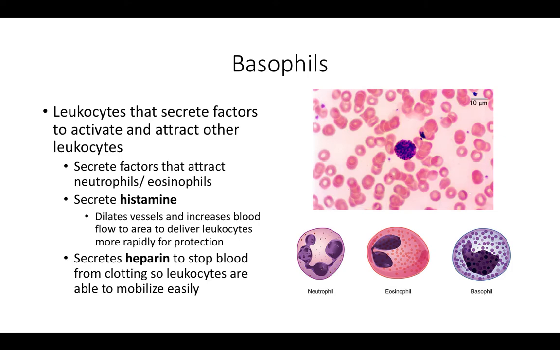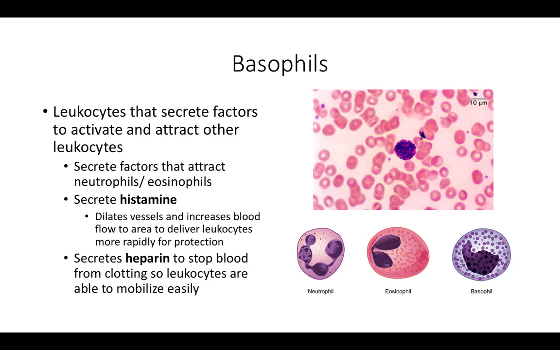Basophils are another type of white blood cell, and they're really important because they secrete a whole bunch of factors that are going to activate or attract or enhance the function of other white blood cells. So these guys secrete factors that attract other leukocytes like neutrophils and eosinophils. So let's say you have an injury or an infection.